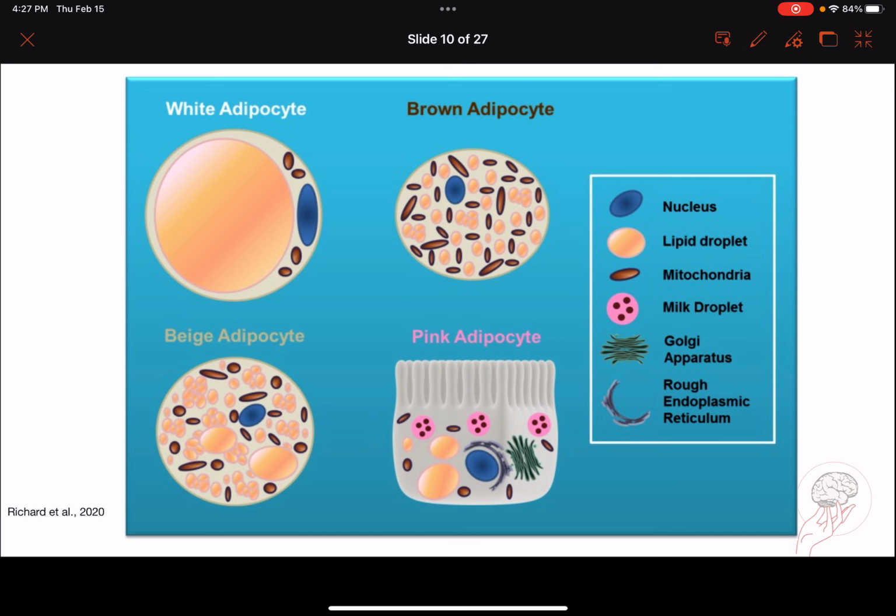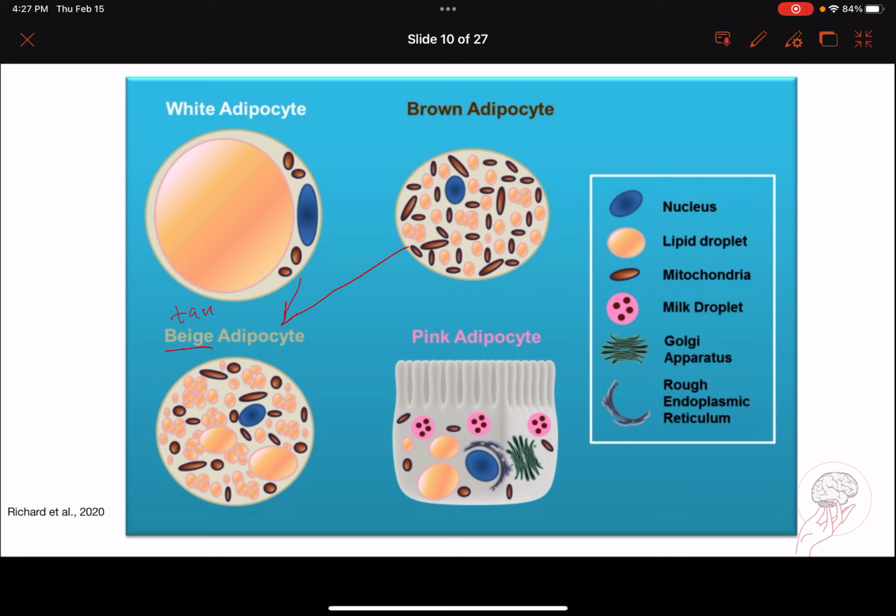So additionally, we have an intermediate between white and brown adipose tissue, and it is kind of conveniently named beige adipocyte or tan adipocyte. And this is, as I mentioned, an intermediate between white and brown adipocytes.